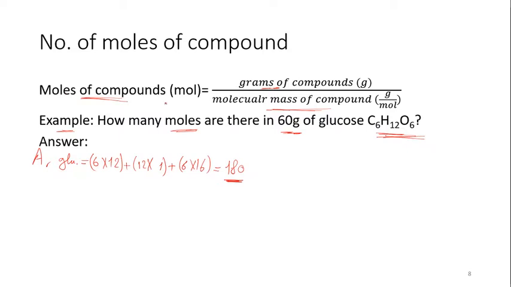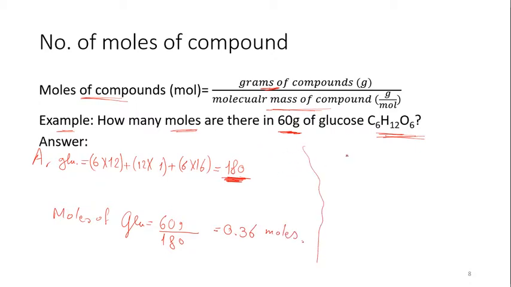If I apply this relation, the moles of glucose would be equal to the grams of compound that I have, which is 60 grams, divided by the relative molecular mass, which is 180. That would be equal to 0.33 moles.